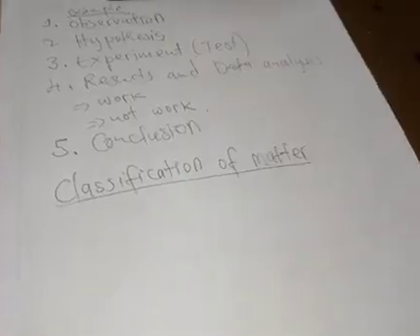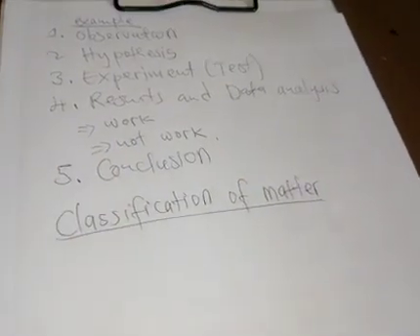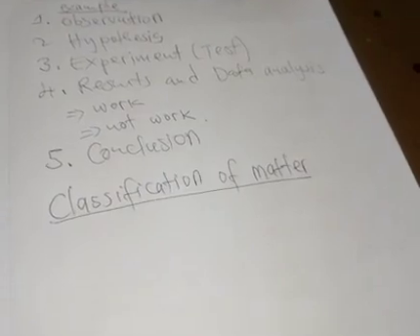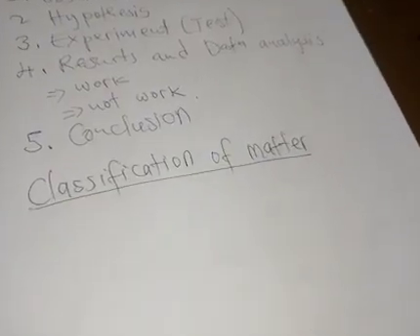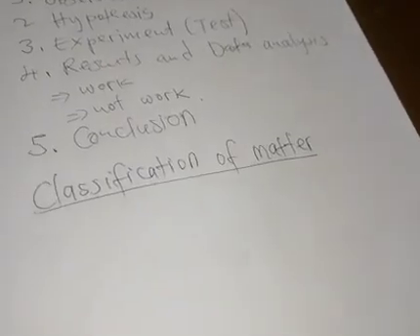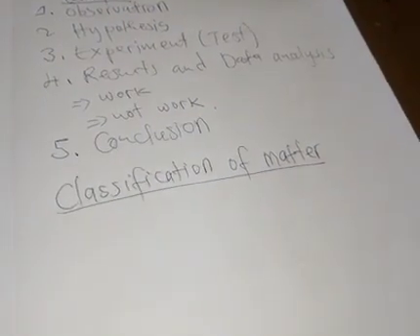Under classification of matter, by definition, matter is simply anything that occupies space and has mass. It's possible to have visible and touchable matter, and also matter that is invisible. Visible matter refers to things like water, the earth, trees.